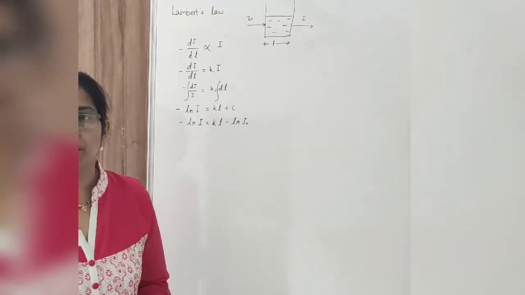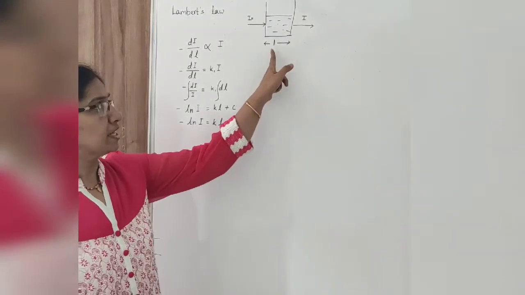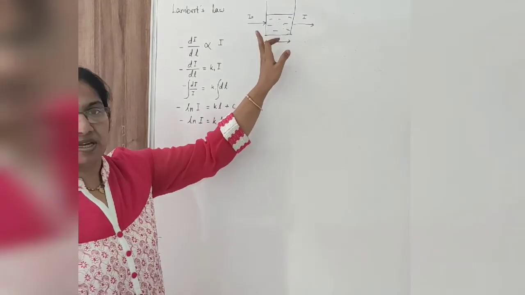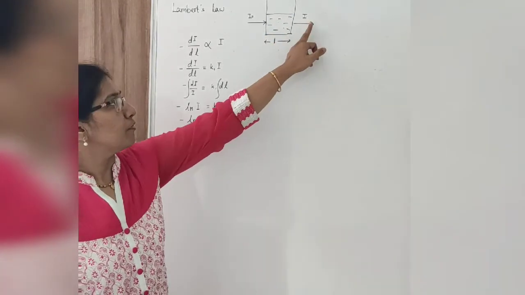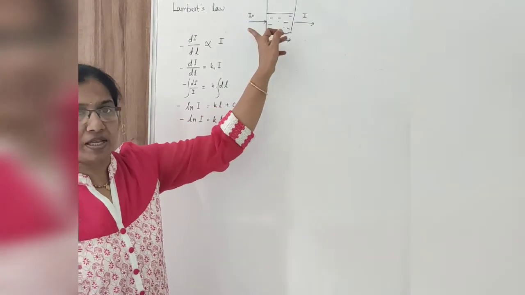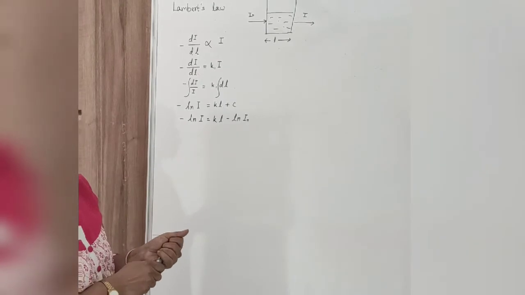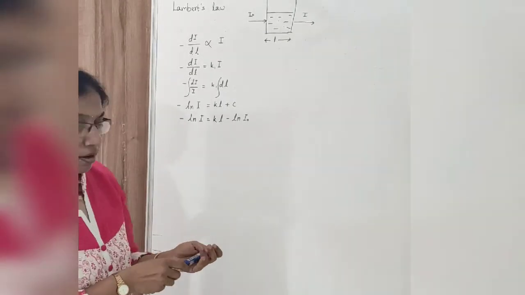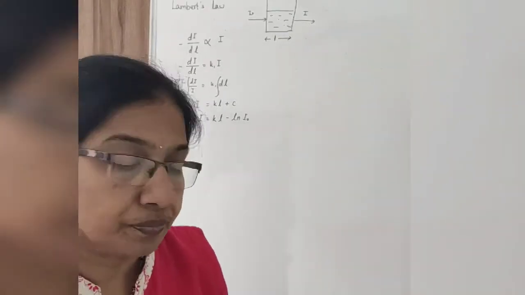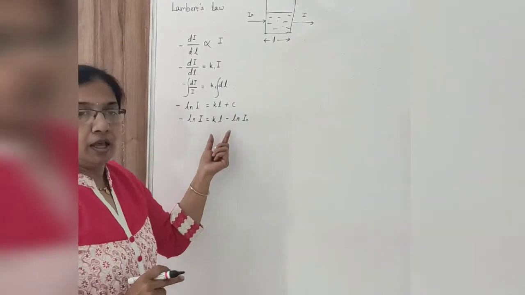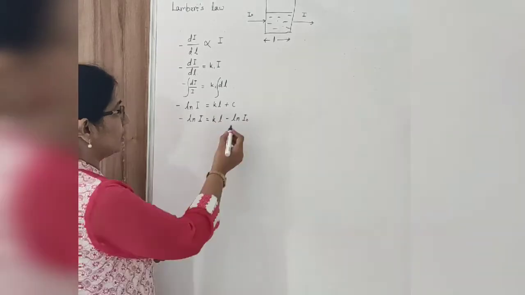By taking the initial conditions into account, that is when L is equal to 0, that means no absorbing medium is there and the intensity of transmitted light is the same as the intensity of incident light, we can find the value of the constant of integration, ln I0.